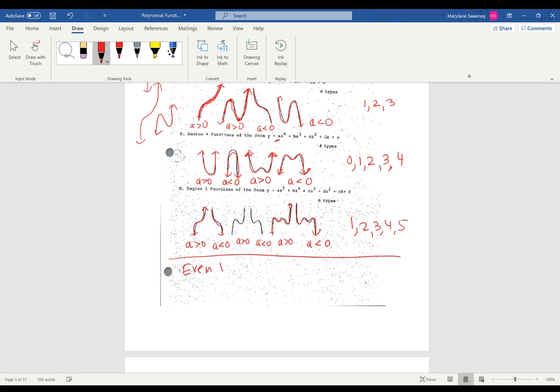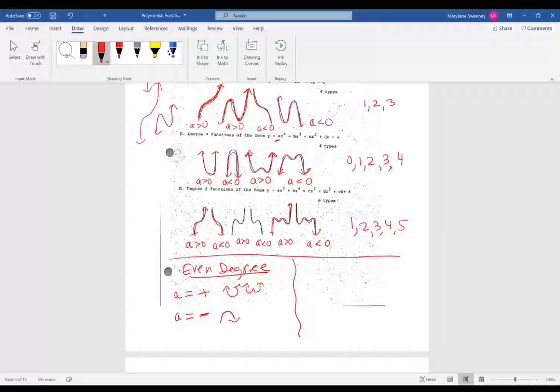So if we have an even degree polynomial, if A is positive, then the ends are going to be up. Could be more wiggly, but the ends are up. If A is negative, the ends are down. And again, if it's a degree 4, degree 6, could be even more wiggly, but the ends are going to be down.